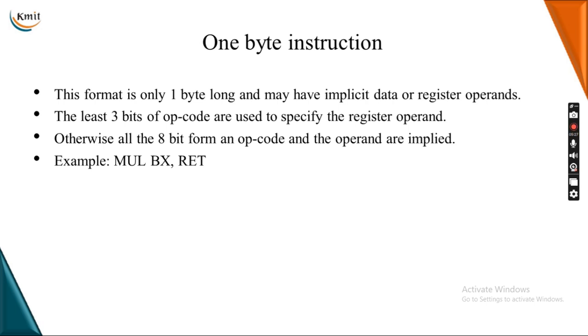The first instruction format is the 1 byte instruction, where 6 bits are for the opcode, 1 bit for direction and one more bit for width. For example, MUL BX or RET are examples of 1 byte instructions.